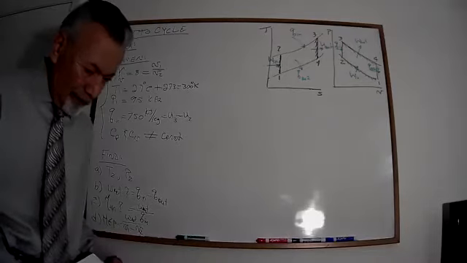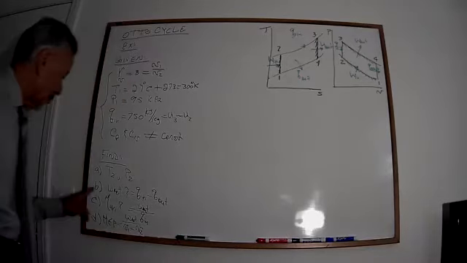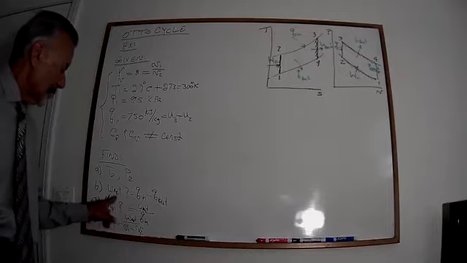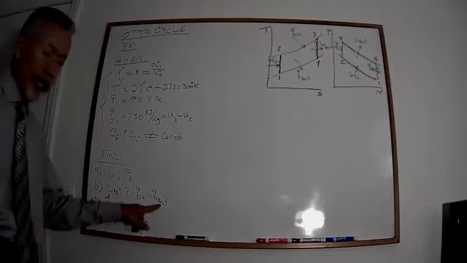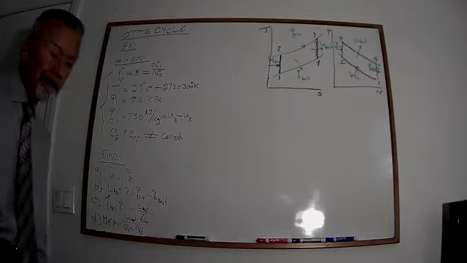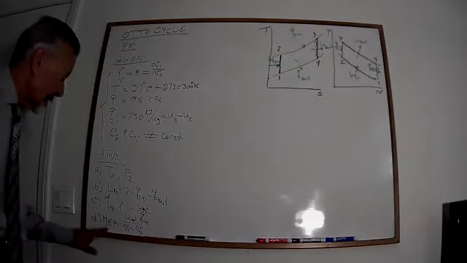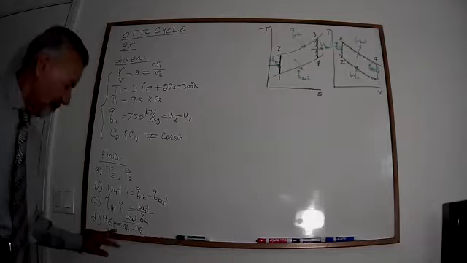Professor, please, what does part D say? Part B says finding the net work, and the net work we know is Q in minus Q out. Oh, sorry, I said part D. Oh, D, I'm sorry. It's MEP, mean effective pressure.